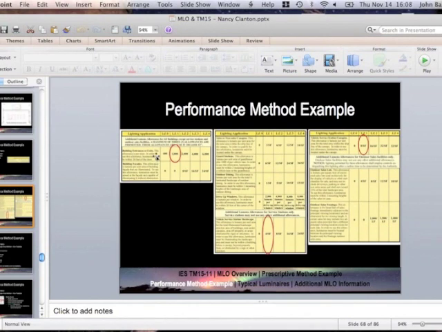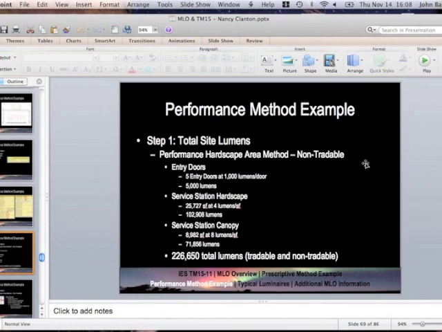We've decided to look at, again, use it or lose it, non-tradable, once used allowances for building entrances or exits, also for the hardscape area of the vehicle service area, and then for the canopy. And those are extra use it or lose it allowances in the performance.